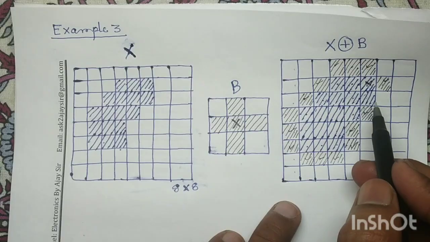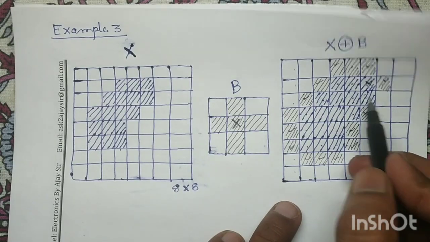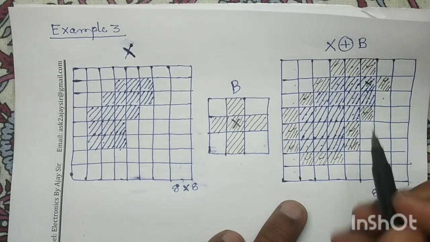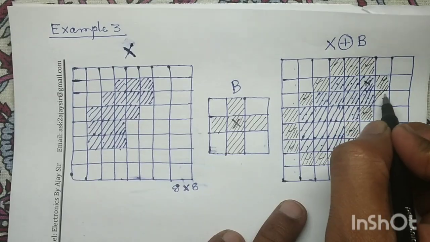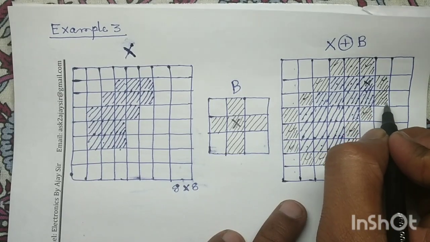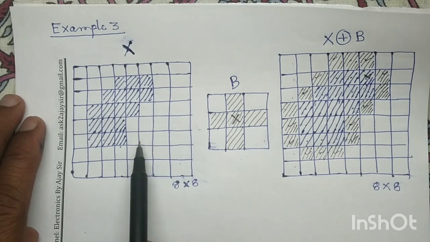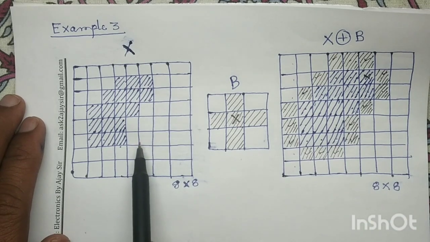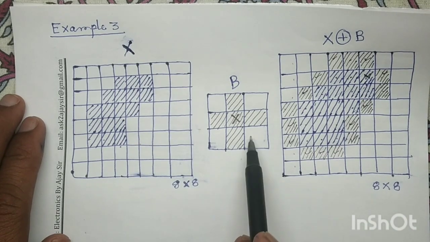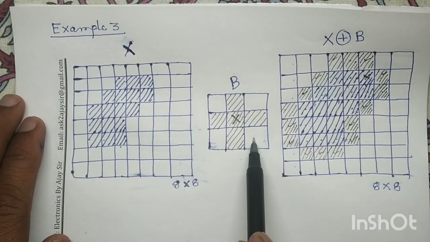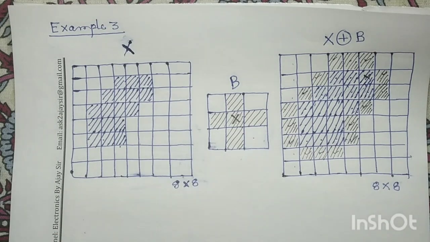And at this point, only this pixel becomes logic 1. So for this input image X, after performing the dilation operation with this structuring element B, this is my result. Thank you.